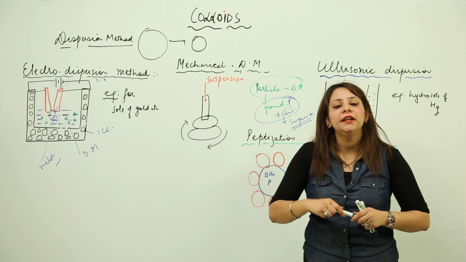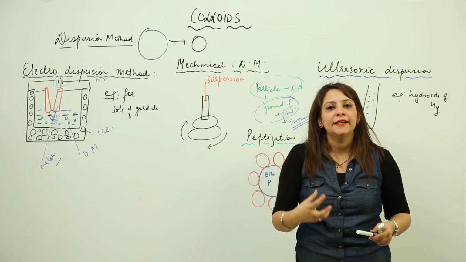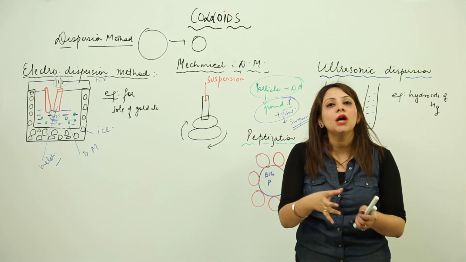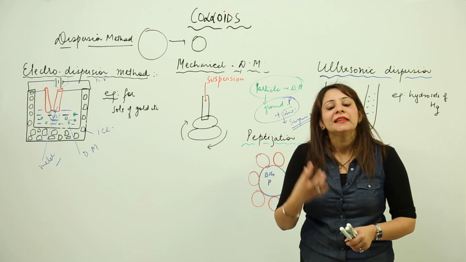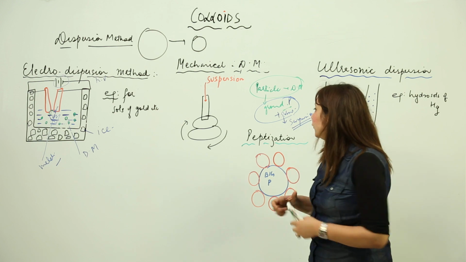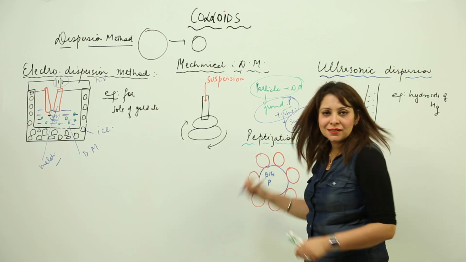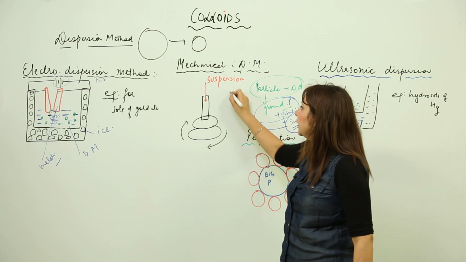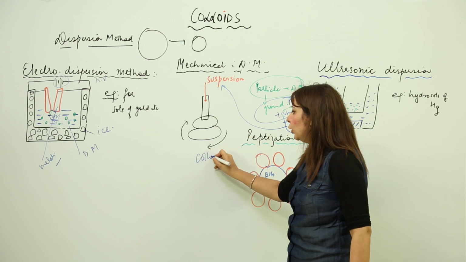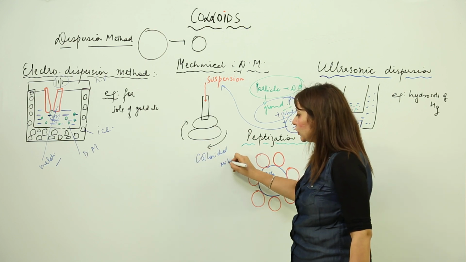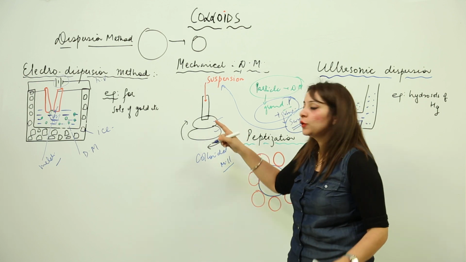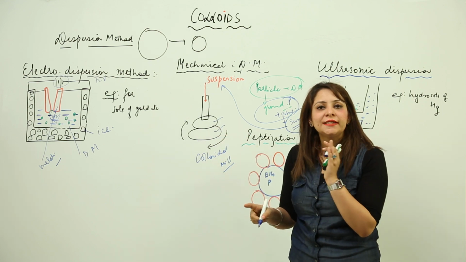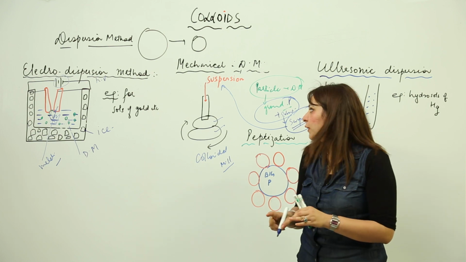Suspension means a liquid, and along with that there are particles which are not in the range of 1 nanometer to 1000 nanometer; they are somewhat big in size. That is, they form a suspension. As soon as this suspension is formed, we put it into a colloidal mill. This is my colloidal mill. It has two discs, of which one can rotate in a clockwise direction and the other in an anti-clockwise direction.